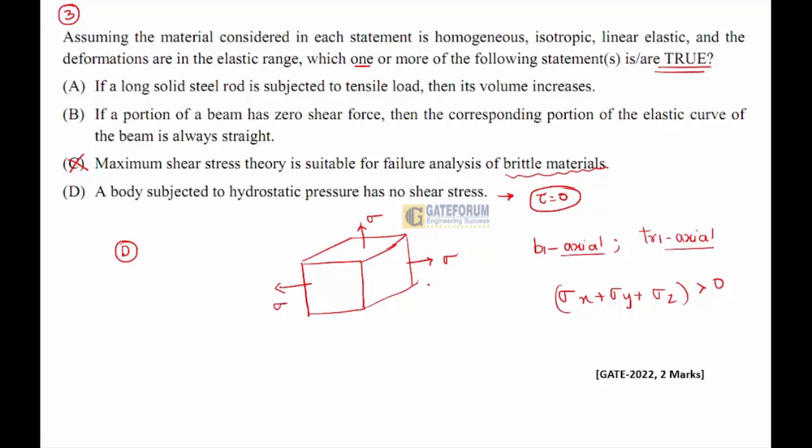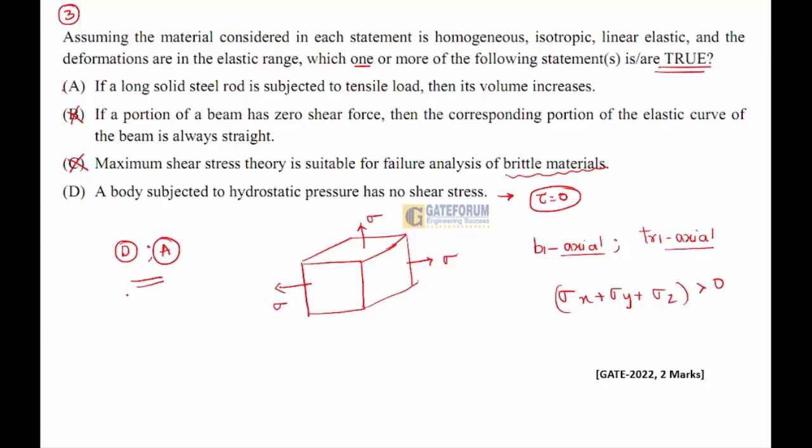Now from this conclusion, I can clearly say that for a long steel rod subjected to tensile load, the volume will be increasing. Yes, this I can give as an answer. But C is not at all correct. For the portion of a beam with zero shear force, is the corresponding portion of the elastic curve always straight? No. So obviously A and D will be the right answers for the given question.